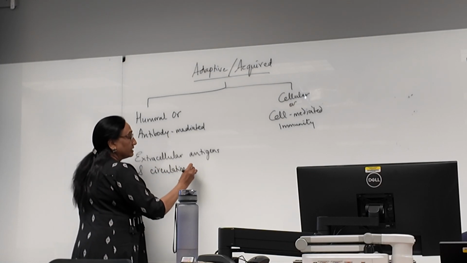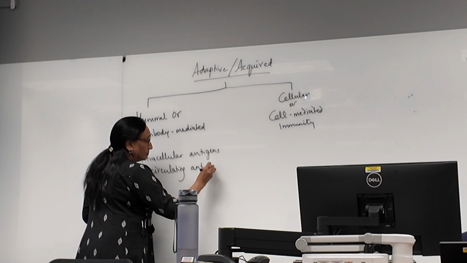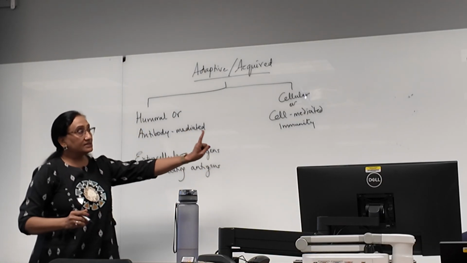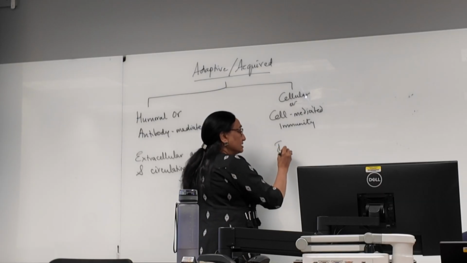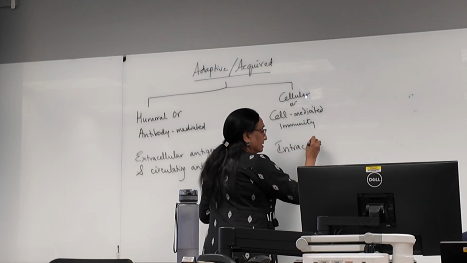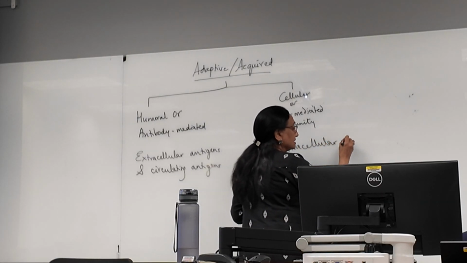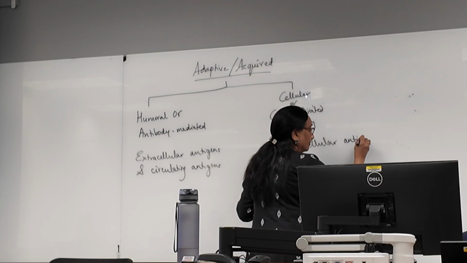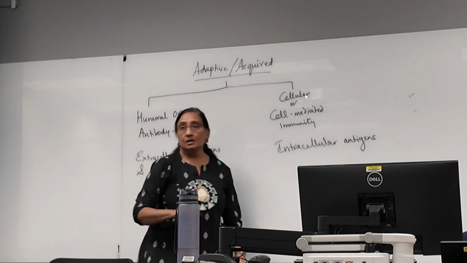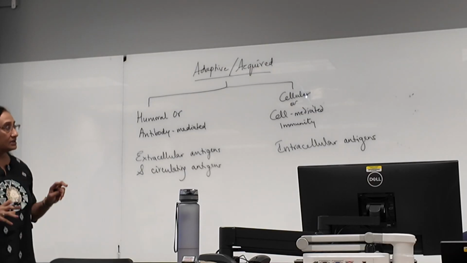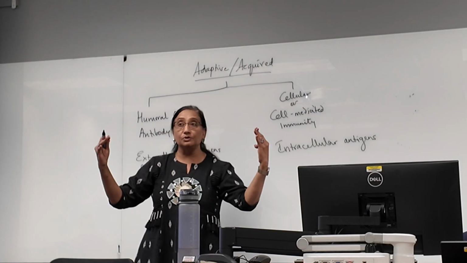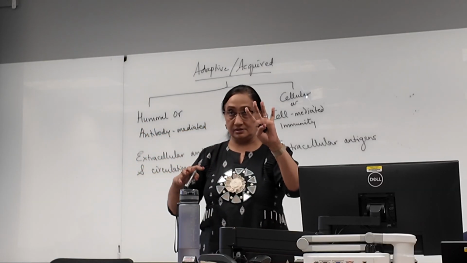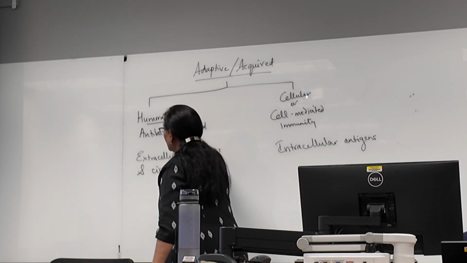Anything that is circulating in blood. Whereas cellular or cell-mediated immunity is towards intracellular antigens, that is, pathogens that are inside the cell. But whenever it comes to a specific infection, both these arms of immunity will work together. Both of them will work together.